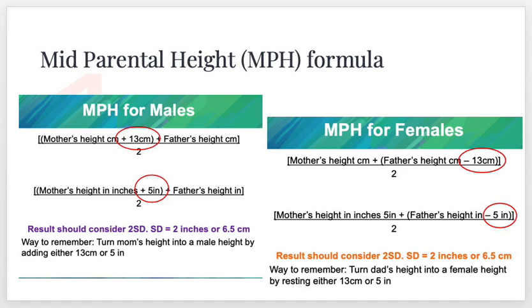Now, if you're calculating a female, you would do the same, but you would make the father's height an equivalent of a female height. So in that sense, you would take away 13 centimeters or 5 inches, depending on what measurement tool you're using. And remember that at the end, you consider 2 standard deviations.